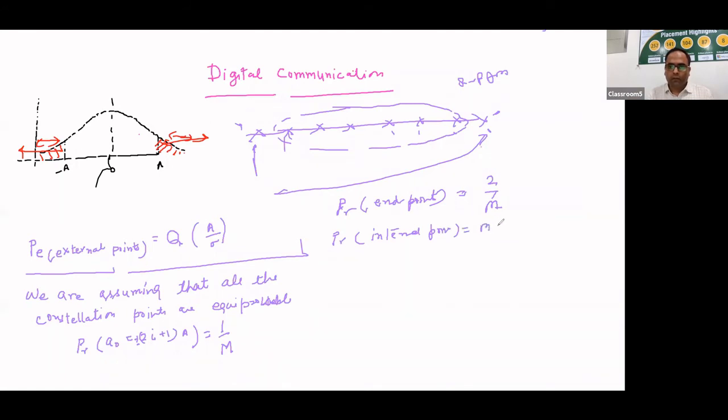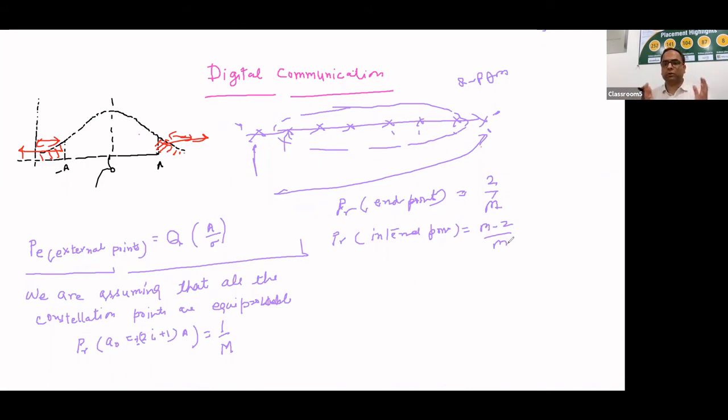Ultimately we have to find the probability of error. The probability of error depends on whether my amplitude is in the internal points range or the external point range. So ultimately we are going to use the total probability theorem.